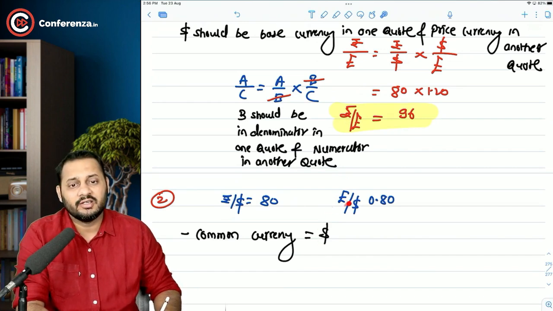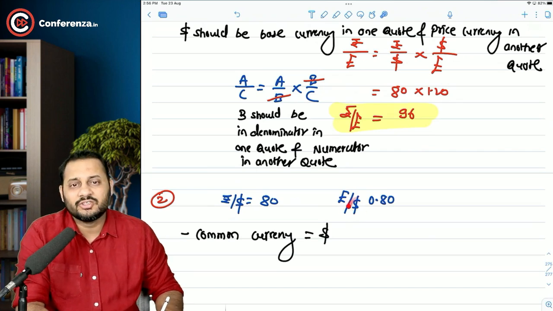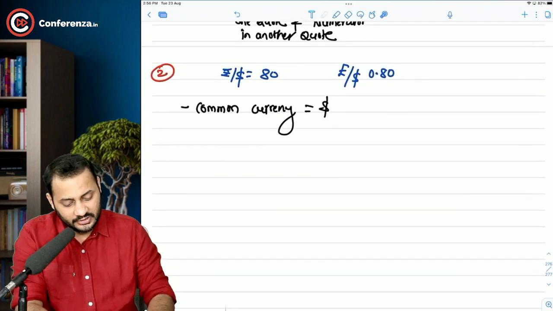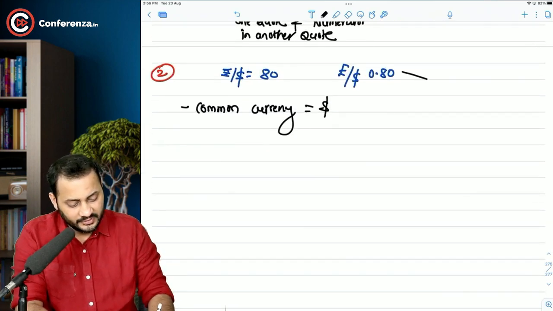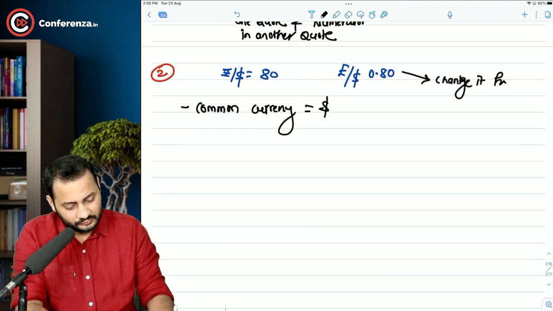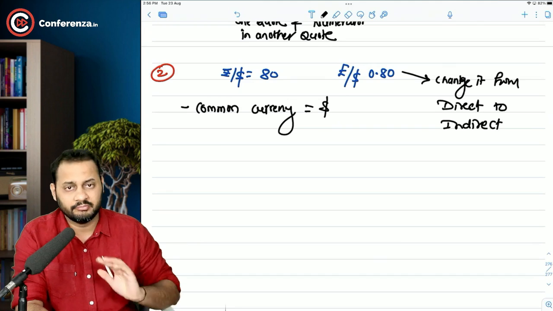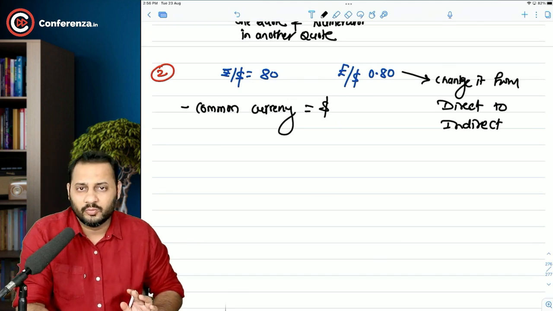We need dollar as the price currency in this, which is the base currency. So everything is wrong with this quote. So we have to change this quote. What to do with this? If the condition is not being satisfied, change it from direct to indirect. Simple and sober.